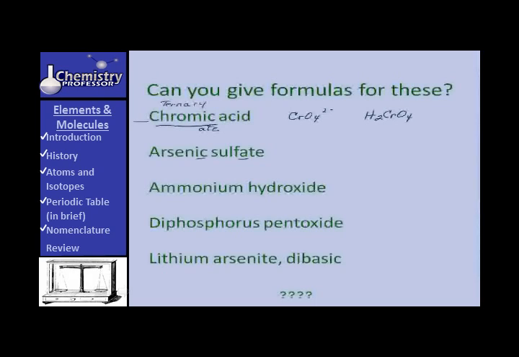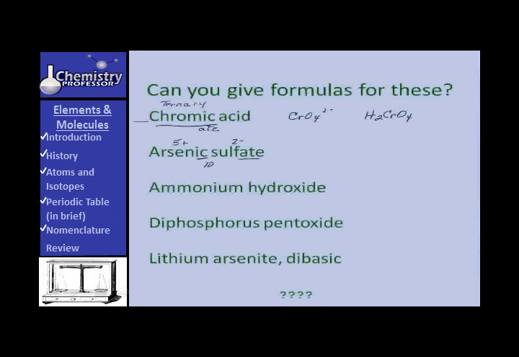Now let's look at this one. Arsenic sulfate. Well, arsenic gives us a clue that it is a multivalent element. And it is. It has a +5 charge and a +3 charge. The +5 charge is the arsenic. So this is going to be 5+. And sulfate, if you remember, is the polyatomic ion with a -2 charge. The least common multiple of the two is 10.